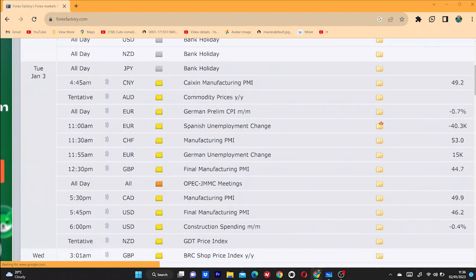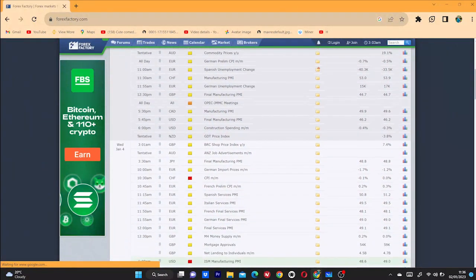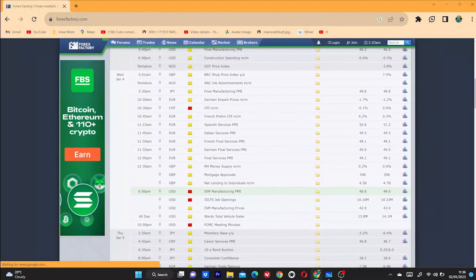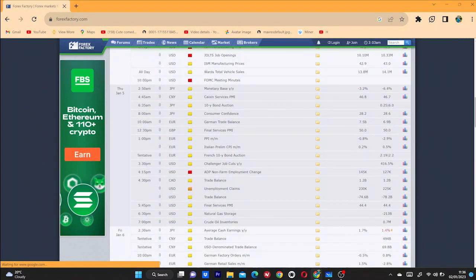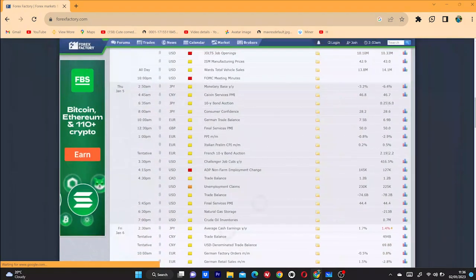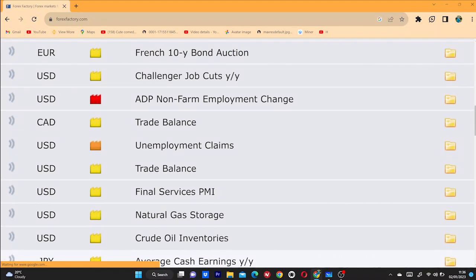On the US dollar, we don't expect big news on that date. You can even go to the next day and see. As you can see, on the 5th we expect unemployment claims.